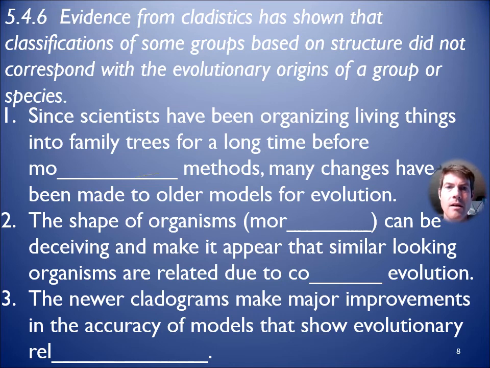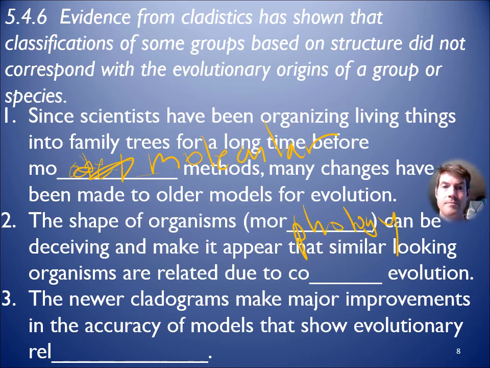So they've been doing this for a long time, but it's only been relatively recently that molecular methods have caused scientists to really rethink things, when they get a better view of the similarities, because the morphology, which is the shape, can be deceiving, and things can look similar, but that could just be because of convergent evolution.